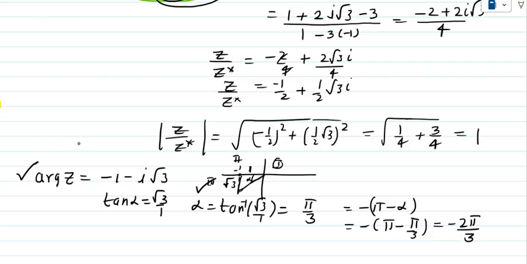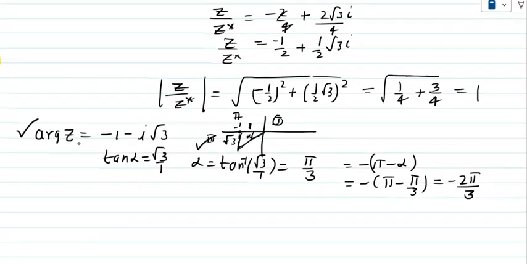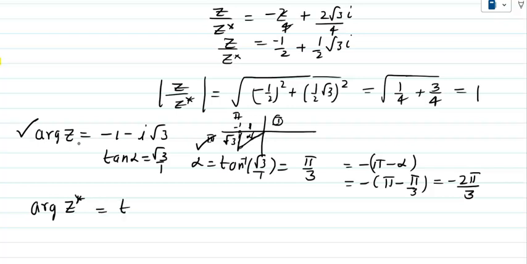Then they are asking the argument of conjugate z. So what is the argument of conjugate z? It should be again the same: tan alpha equals root 3 over 1, and alpha will be tan inverse root 3 over 1, and this value is again pi over 3.